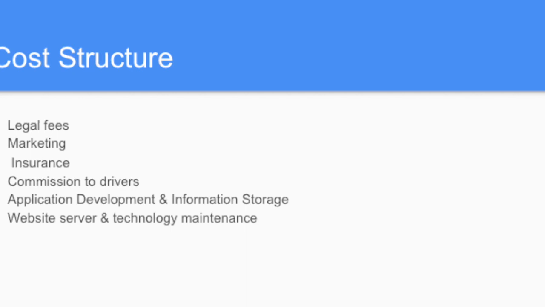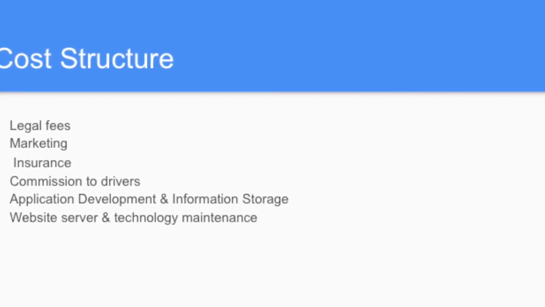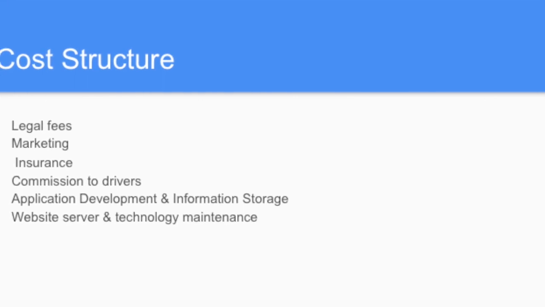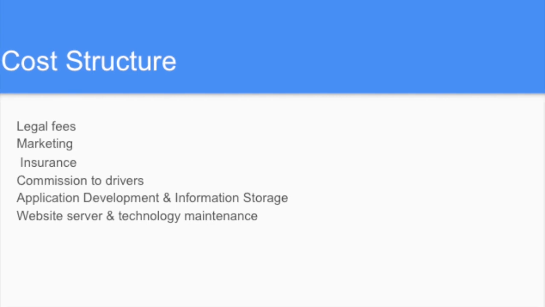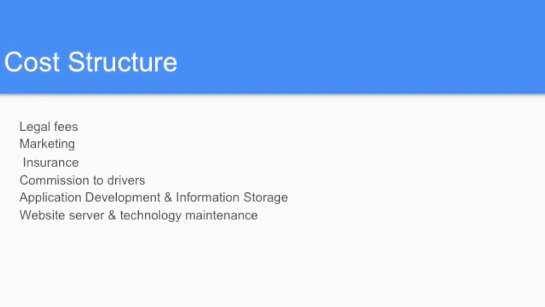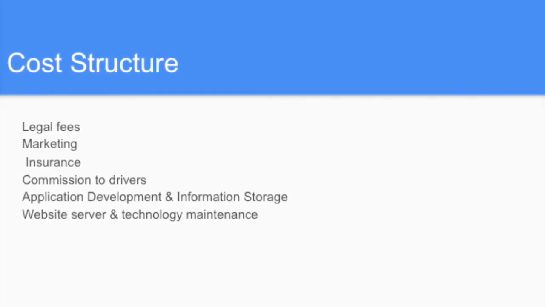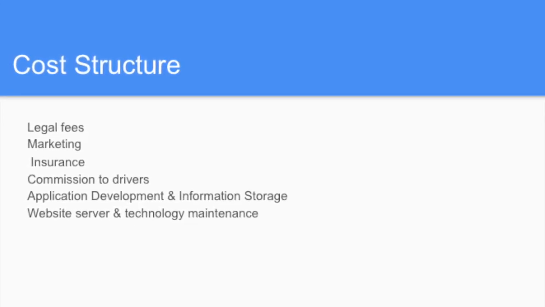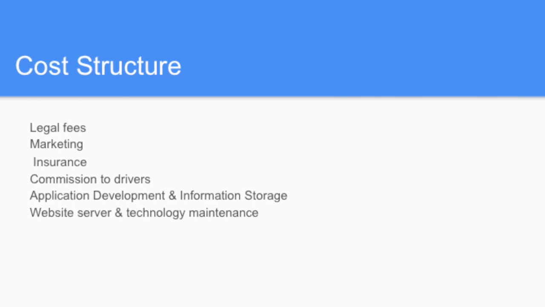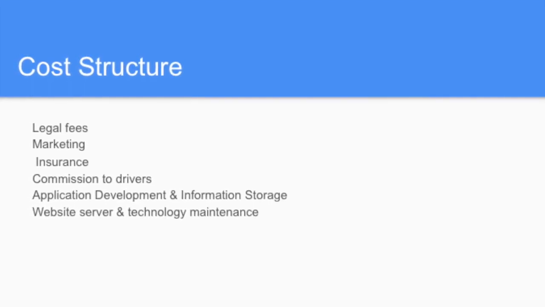So let's take a look at Uber's cost structure. One thing that's been costing them a lot of money right now are legal fees, because people are questioning whether or not Uber is actually legal, and they're experiencing lawsuits from taxi unions. Another fee is marketing costs and insurance, as well as commission that they pay to their drivers.